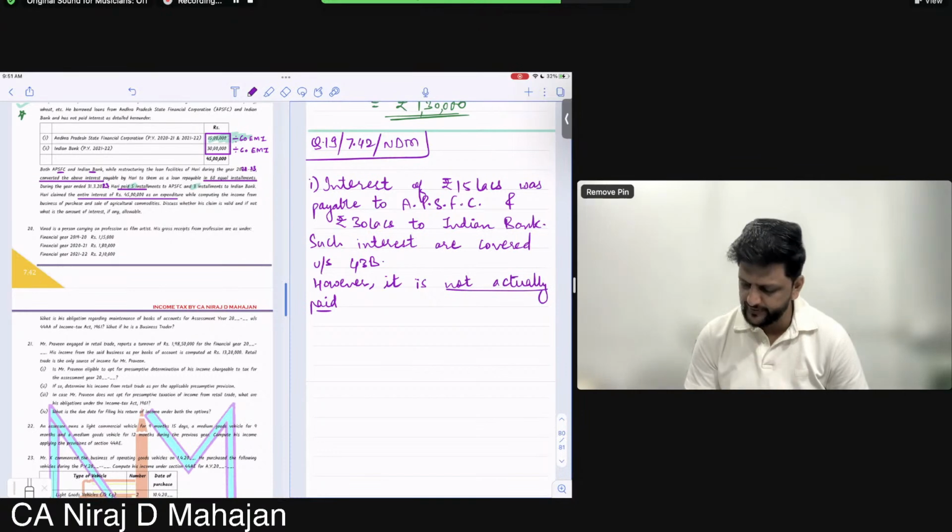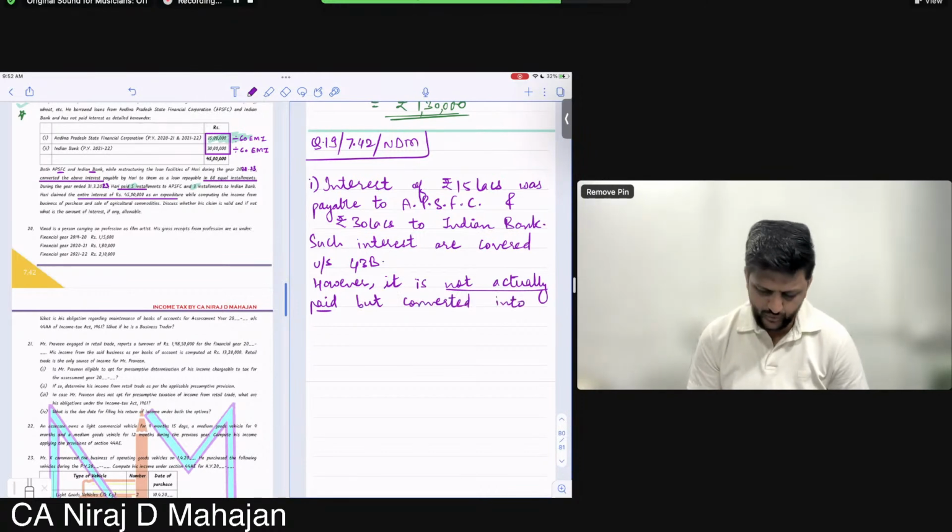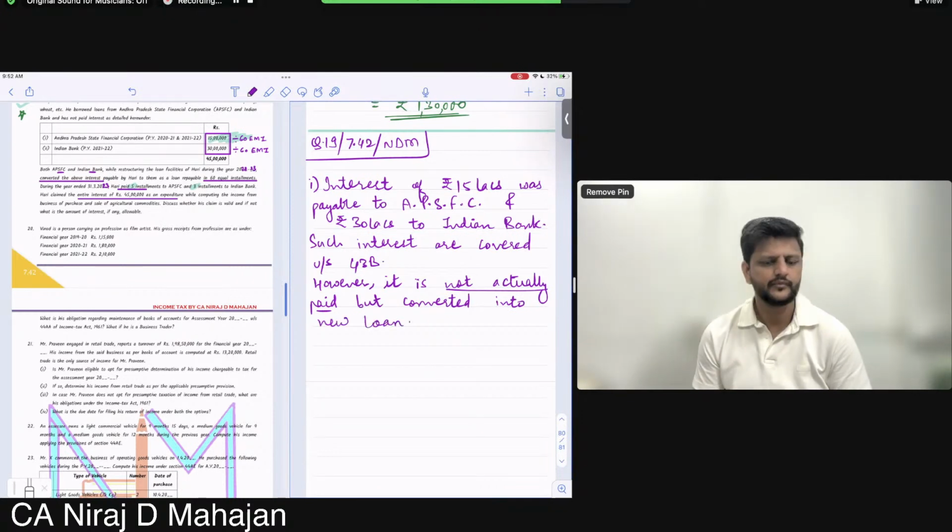It is not actually paid, but converted into a new loan.